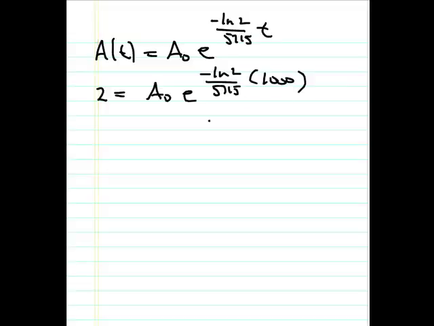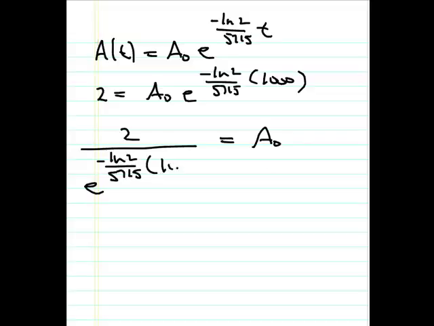This quantity here is just a number, so A sub 0 is going to be 2 divided by e to the negative log 2 divided by 5715 times 1,000. So again, plugging this in your calculator, you get A0 is equal to 2.257.